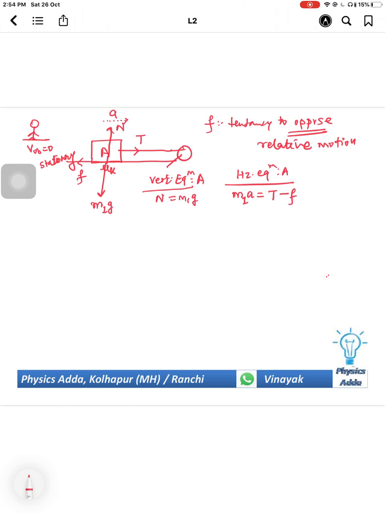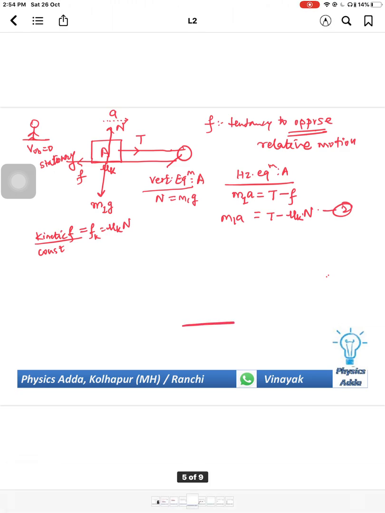I know that in the case of kinetic friction, F is equal to mu k into N, right? So T minus mu k into N is equal to m1a. This will be my equation 2.